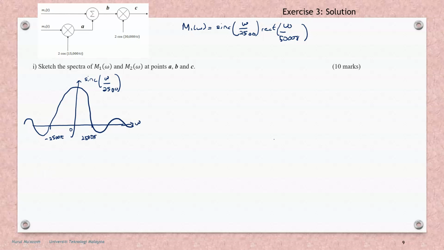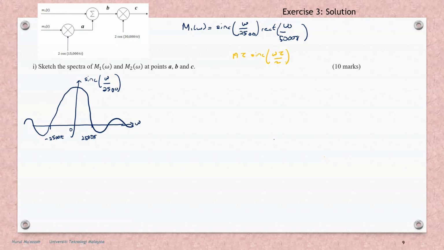So let me draw here with another ink. Let me show you how to draw the sinc function. Let's say here we have the original form, which is A tau sinc omega tau over 2.